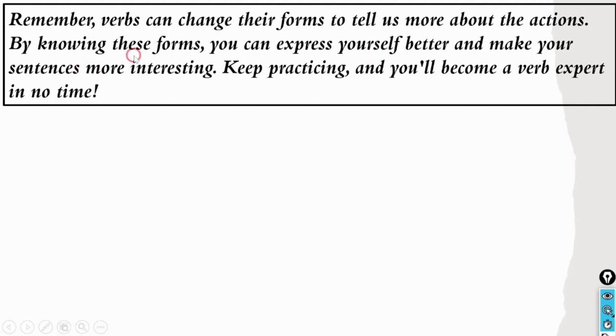By knowing these forms we have talked about, you can express yourself better and make your sentences more interesting. So keep practicing and you will become a verb expert in no time.